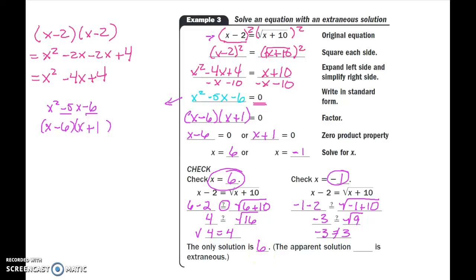The apparent solution of negative 1 is extraneous. So we would actually come up here in the problem and we would find where we found x equals negative 1, we would cross that out to indicate that is not truly a solution, it's an extraneous solution. Or you can write that it's extraneous.